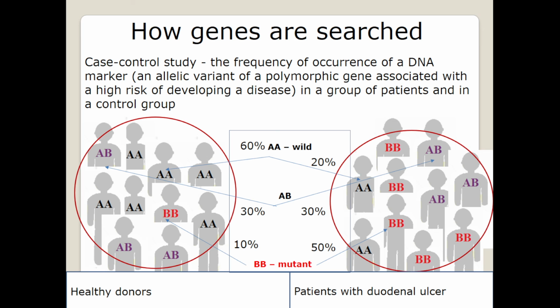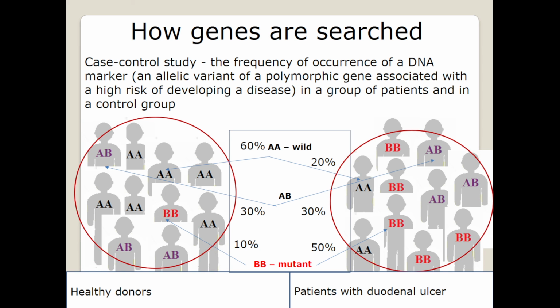Heterozygotes are the same as in the control group of healthy donors. And the mutant group is one half of the patient group, with the mutant genotype. We need to look at this distribution of genotypes to understand whether the mutant allele in homozygote condition can lead to disease.